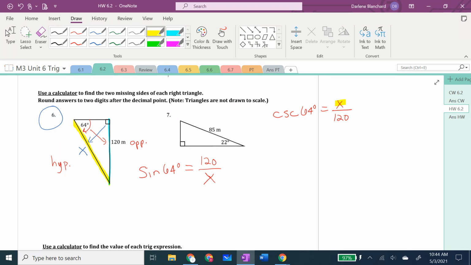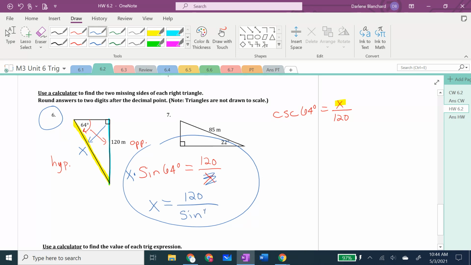So you want to start by writing an equation and then let your calculator take over. If you do go about it in this manner, you need to multiply both sides by x, and then to solve you have to finish by dividing. And then with your calculator, you're going to write an answer down.